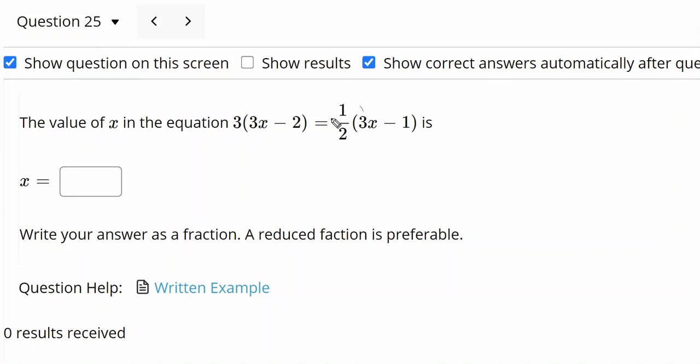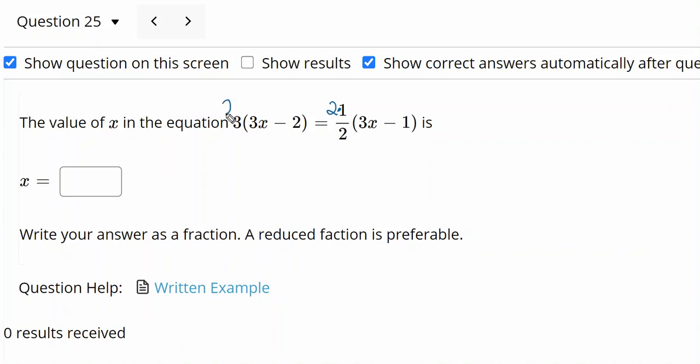Okay, what we're going to do now is get rid of this issue, this 1 over 2. I don't like this 2 in the denominator. So I'm going to multiply this by 2. But whatever you do to one side, you've got to do to the other.